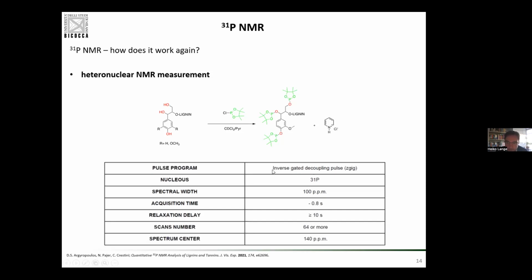So the two key points here is to use an inverse gated decoupling pulse. That means I cannot use the standard pulse that Bruker has as a very, very standard.